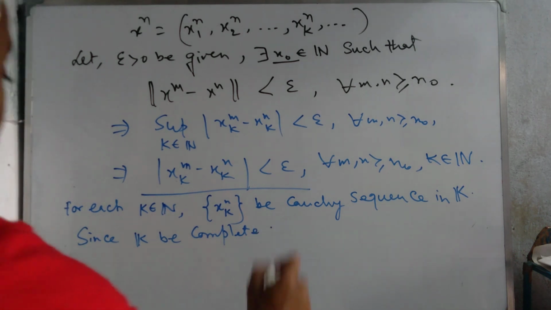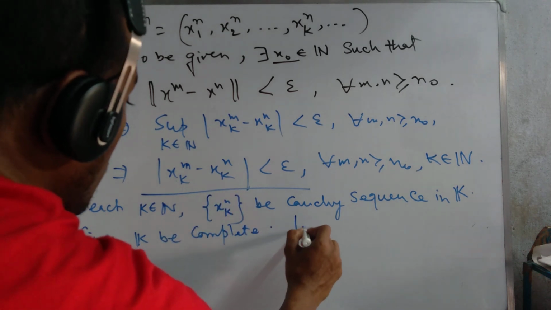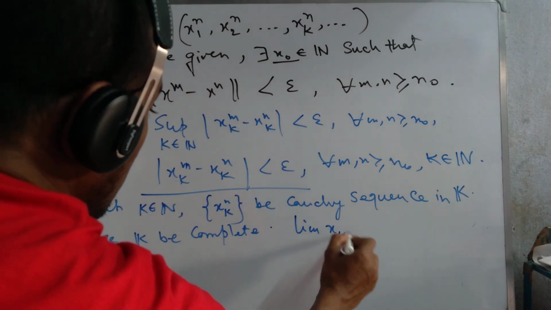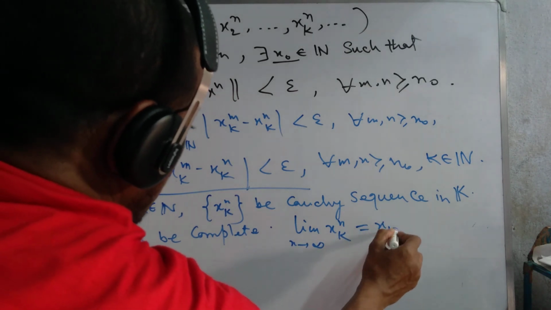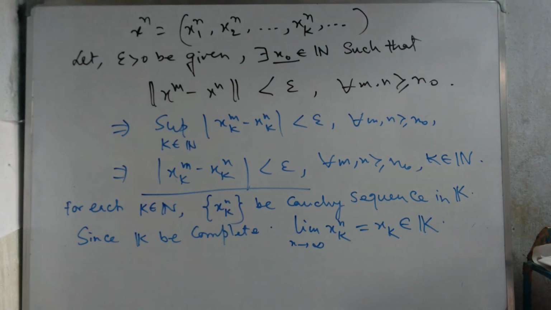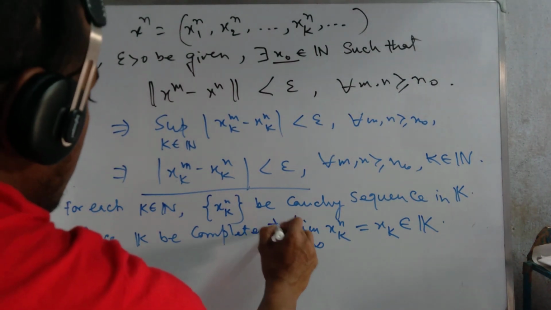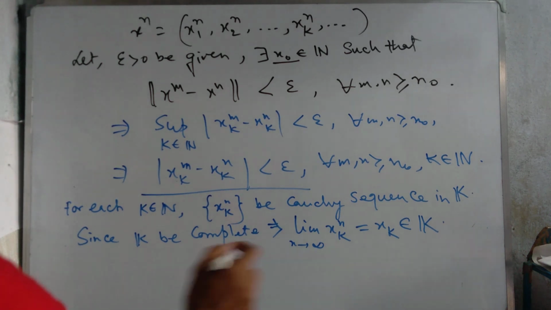Then obviously this Cauchy sequence converges in K. So we write xk to the power n as n tends to infinity equals xk, and this belongs to K. Yes or no? I think this implies this one. Yes.